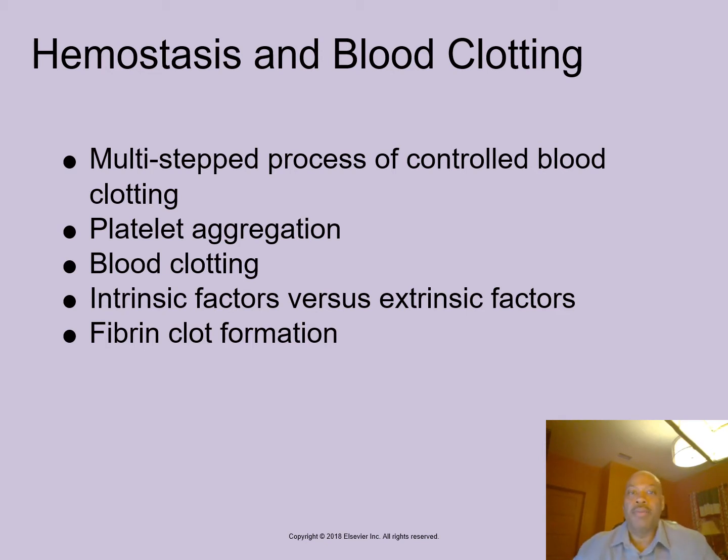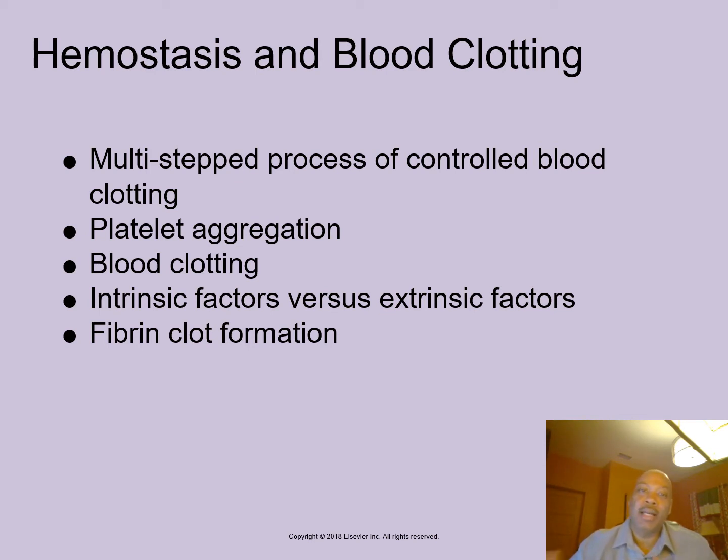Now, there is a balance between blood clotting actions. In other words, there are steps that have to take place in order to form a clot. But there's also a process that is known as anti-clotting actions. So you don't want too much of either one. You want the clotting actions in order to form a clot when necessary, to prevent a patient from bleeding to death.